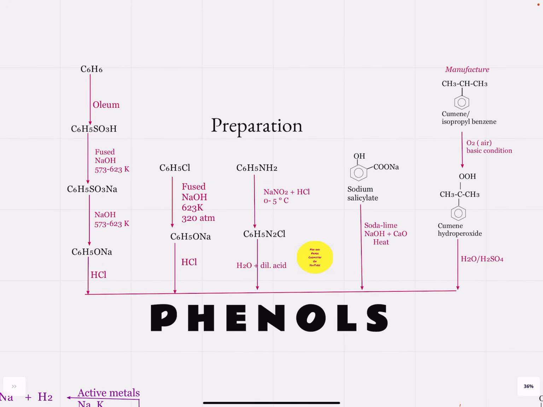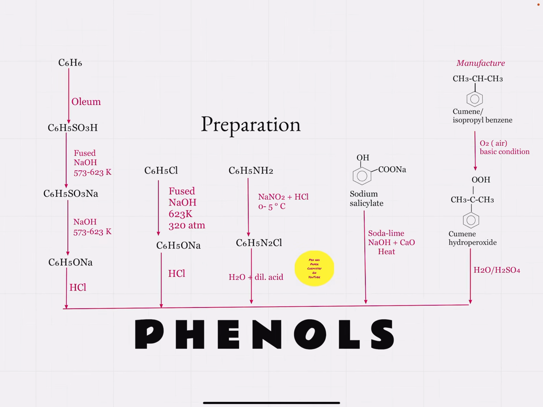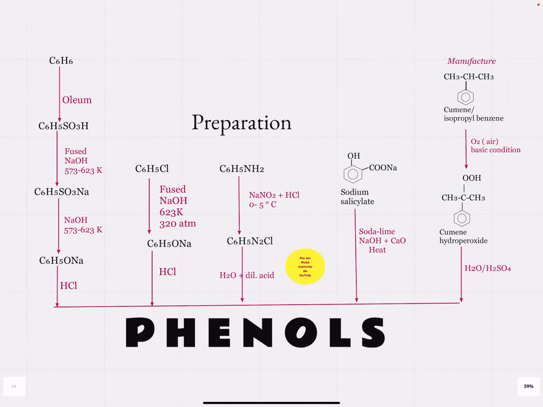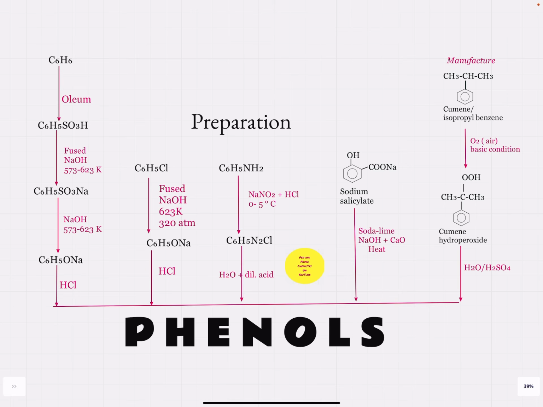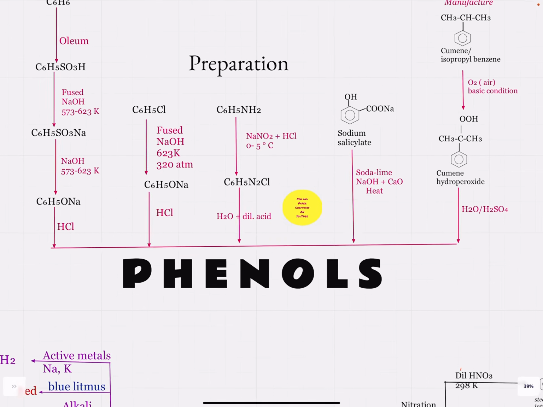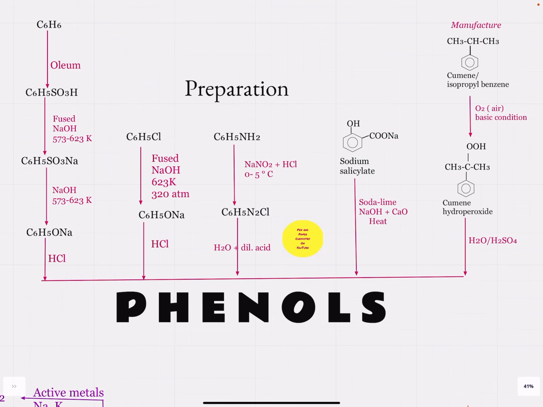Also, let me tell you that not all preparatory methods are covered in all the curriculums. So ISC, CBSE, the A levels, IB have different study criteria and different examination criteria as well. So you can pick and choose the reactions according to your curriculum. On this channel, I've tried to keep things more generic.